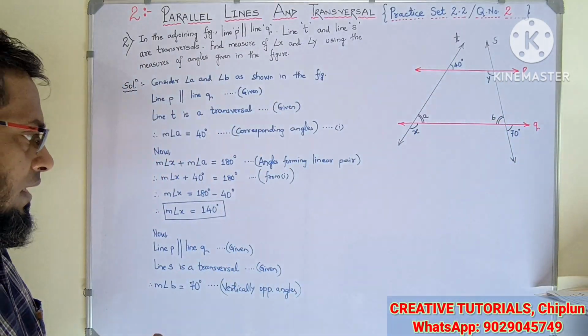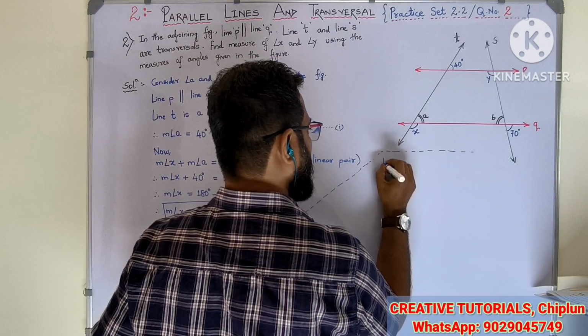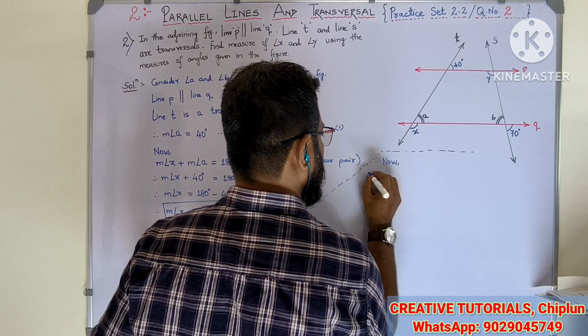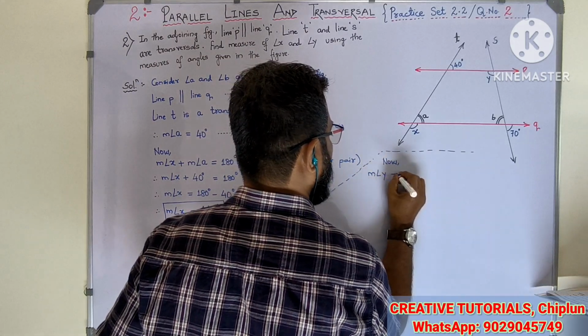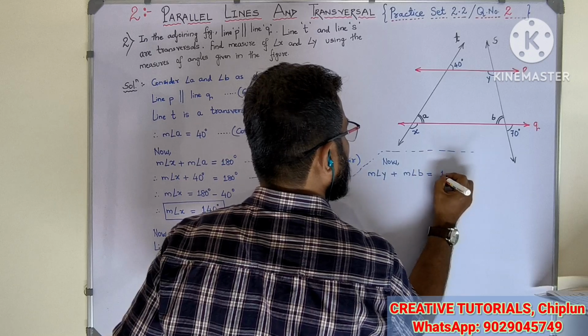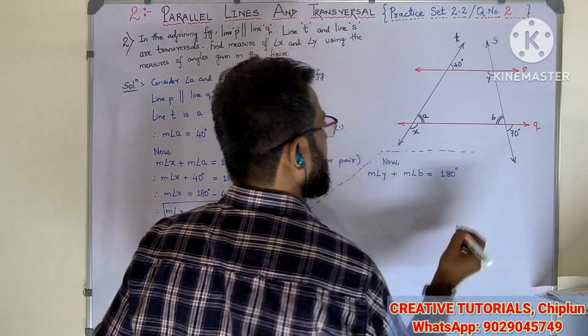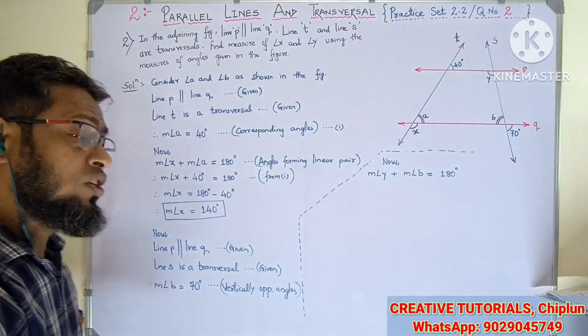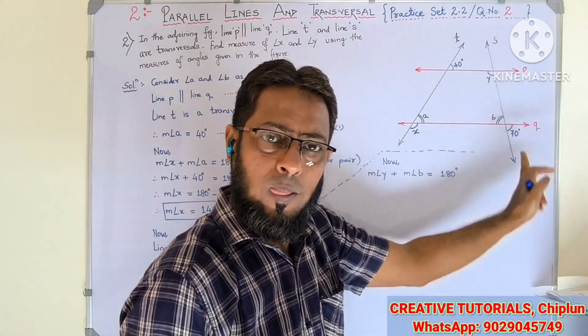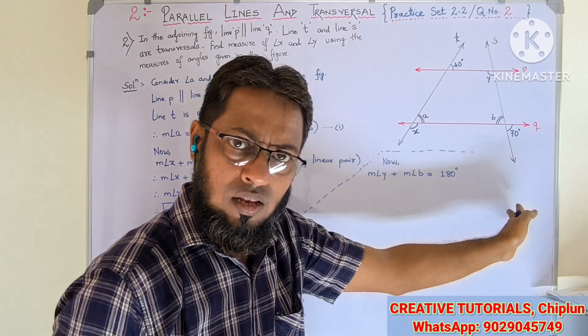Now you see that measure angle Y plus measure angle B is equal to 180 degrees. Alright, you see, children, it's already been given to us that these two lines are parallel, correct? And this is one transversal.